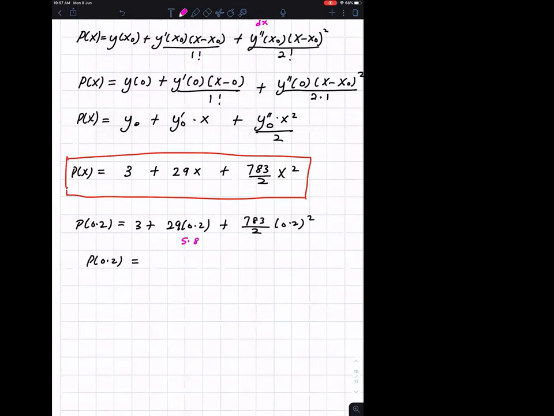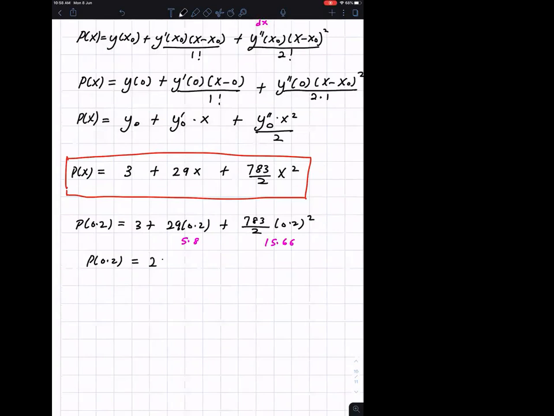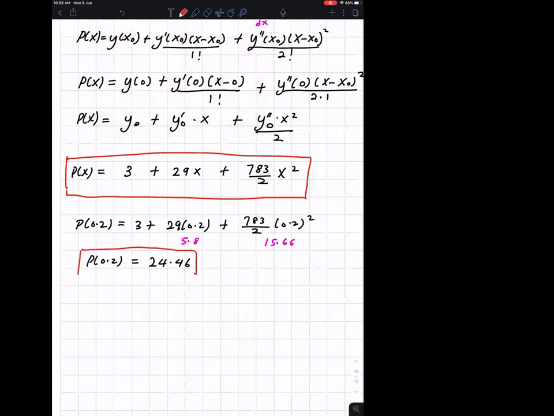This will give you 15.66. If you add them up, 24.46. Okay, any question?